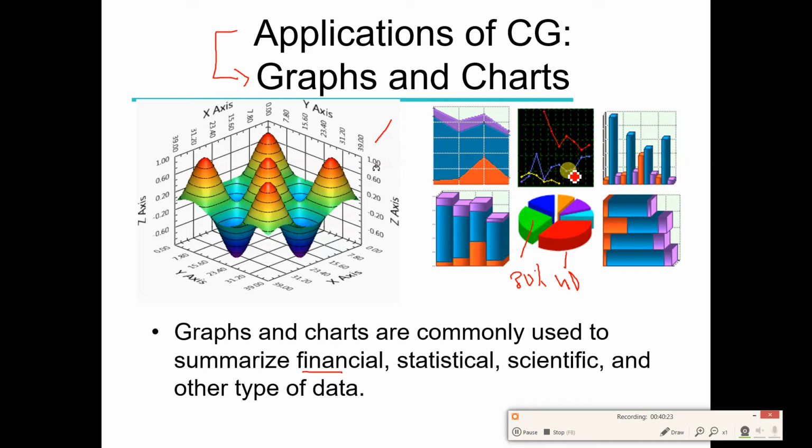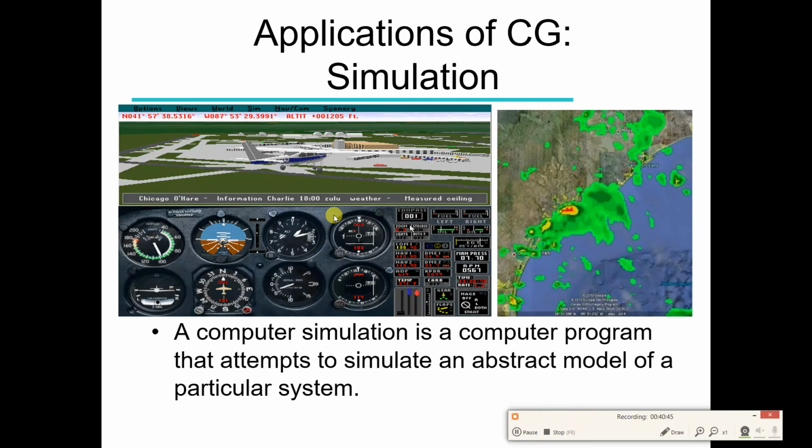For example, on the stock market we can know whether the stock prices of certain commodities are increasing, fluctuating or decreasing. So graphs and charts have numerous applications, and maybe some of you have already used them in Microsoft Excel. We can easily convert our data into graphs and charts.